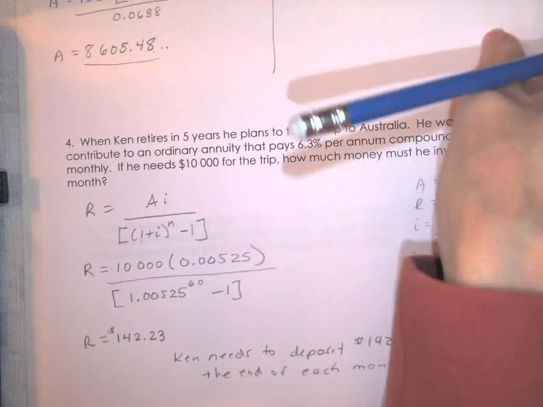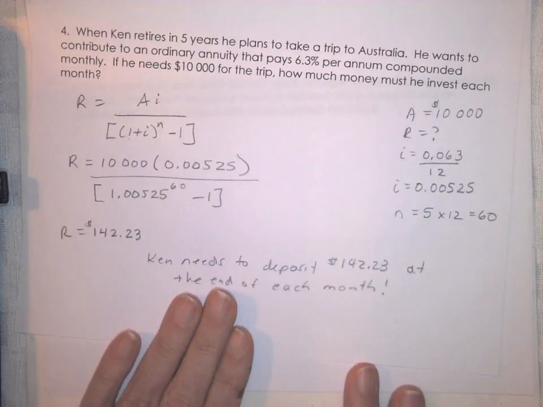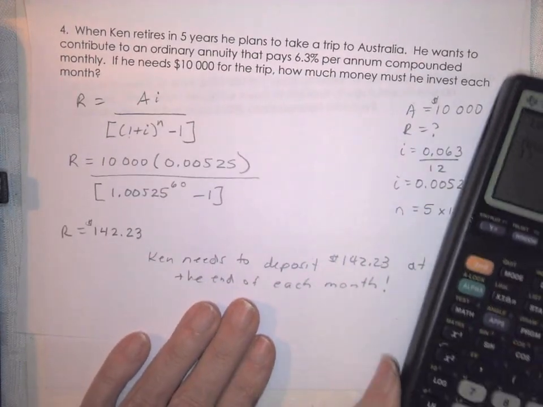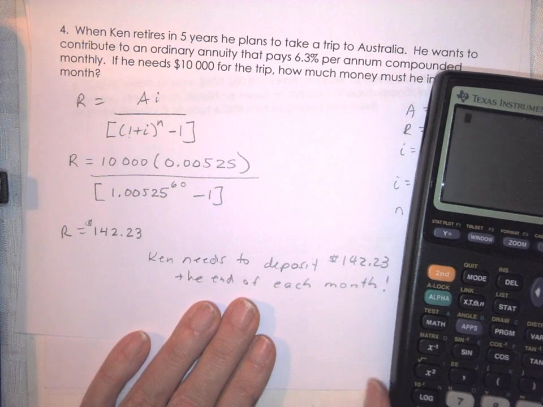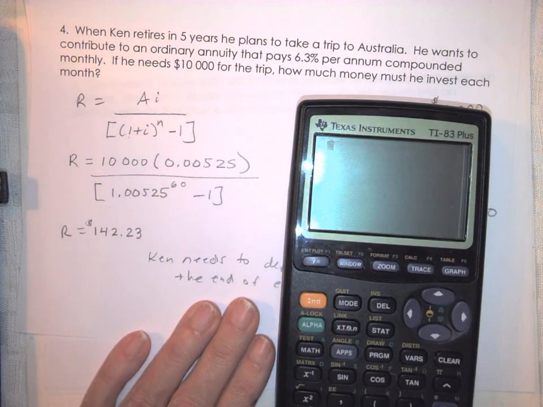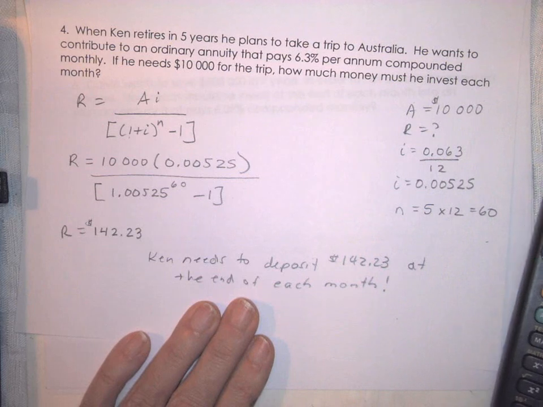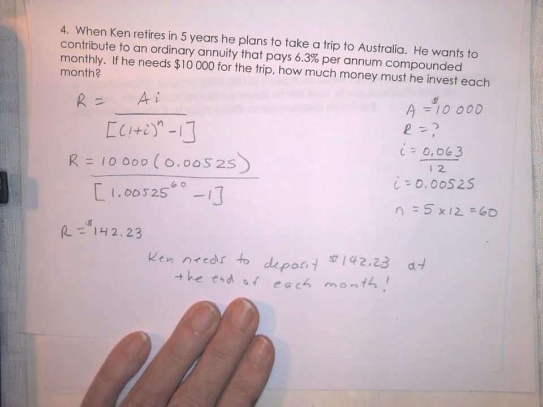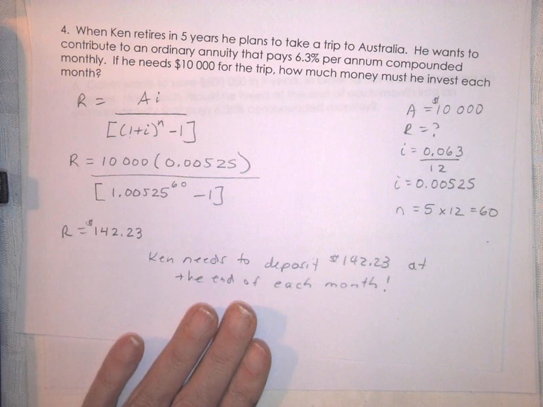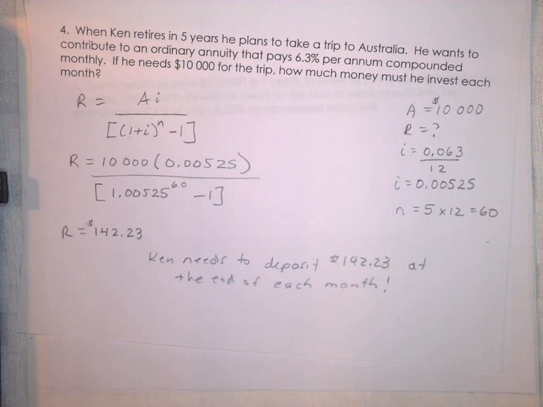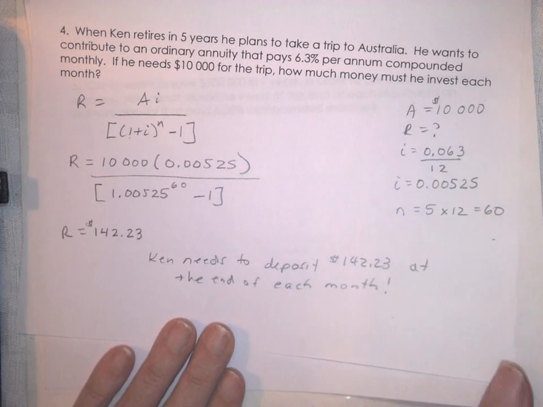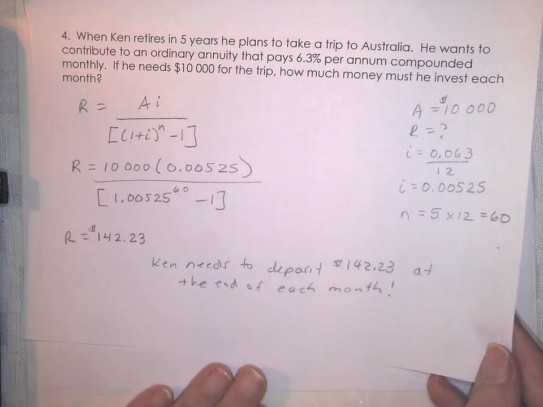And let's see, if we just multiply 142.23 by 60, the number of times he deposits, we get 8,500 about, so we're getting about $1,500 just from interest. And that's just over 5 years. So again, the longer you invest, the more interest you'll get because we're compounding it. Interest on interest.